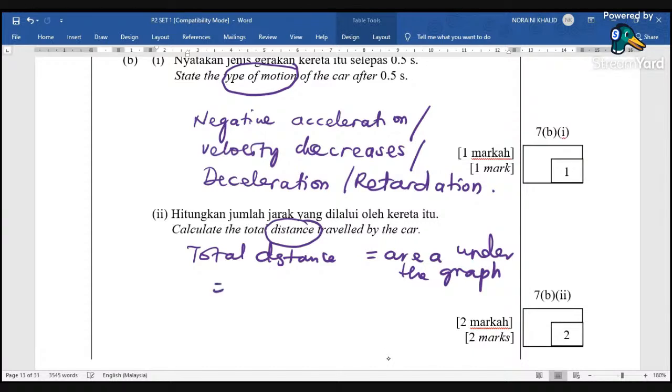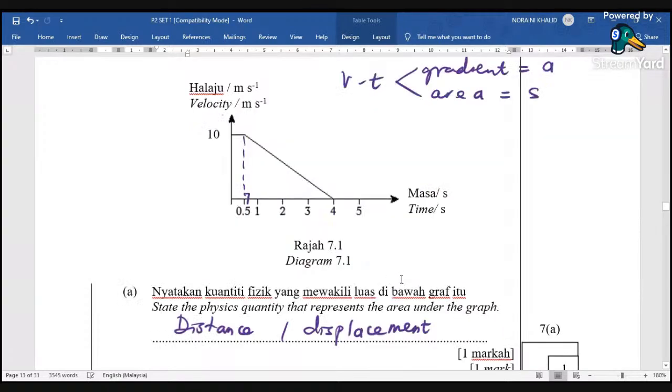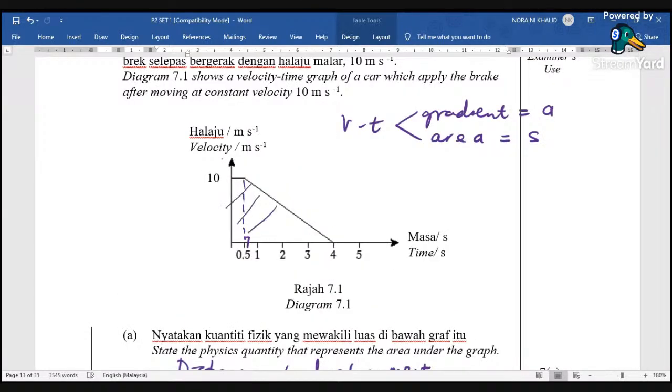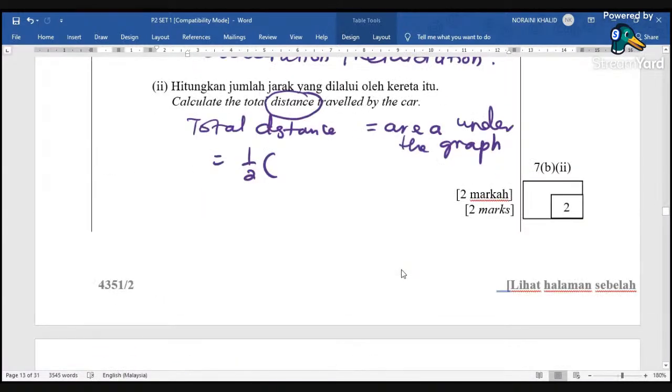So it becomes half. You can look at the graph again, this area. Half times 0.5 plus 4 times 10. So we get 22.5 meters.